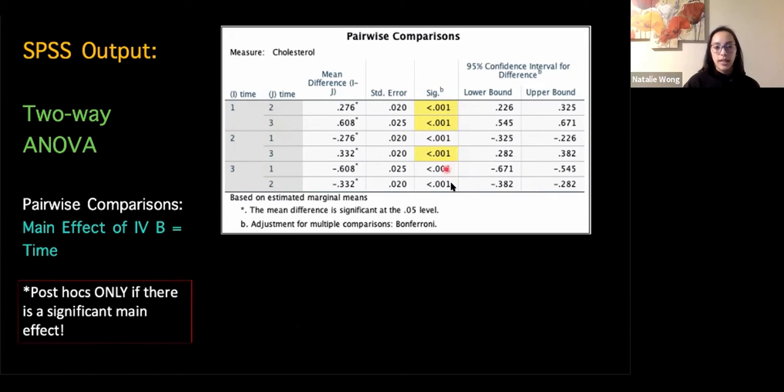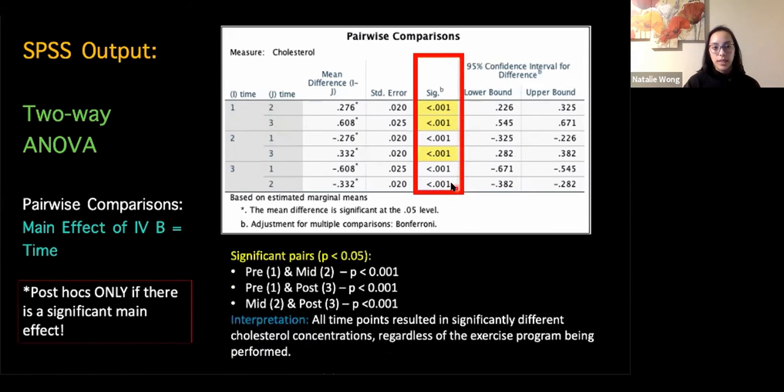The unhighlighted values are the redundant pairs in the table. So we could say our pre and post, and mid and post pairs are significant. We could also just summarize that and say all time points resulted in significantly different cholesterol concentrations, regardless of the exercise program being performed.